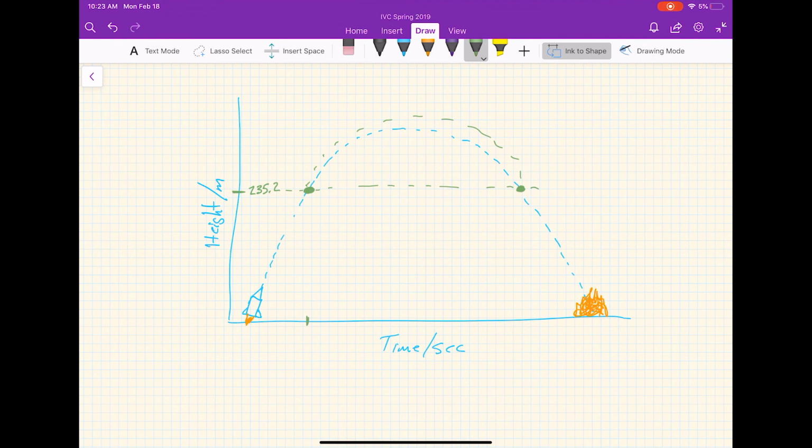Of course, I guess we don't really know if they're seconds or minutes, but if it took 4 minutes to get to 235.2 meters, it'd be a really slow rocket. But anyway, this is why I'm theorizing you would have a time interval like this. So that's the answer for number 18. You don't need the graph part of it. I just did that for fun.